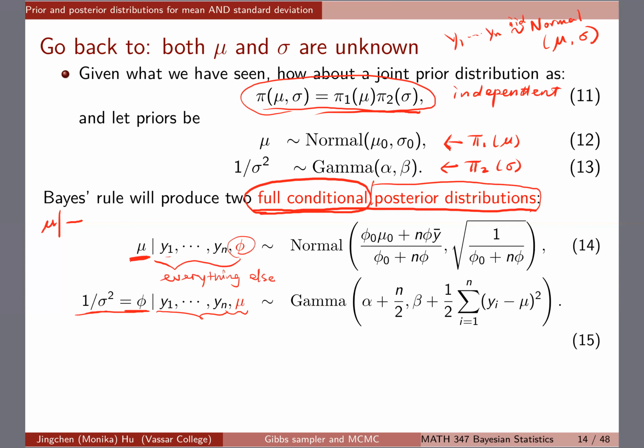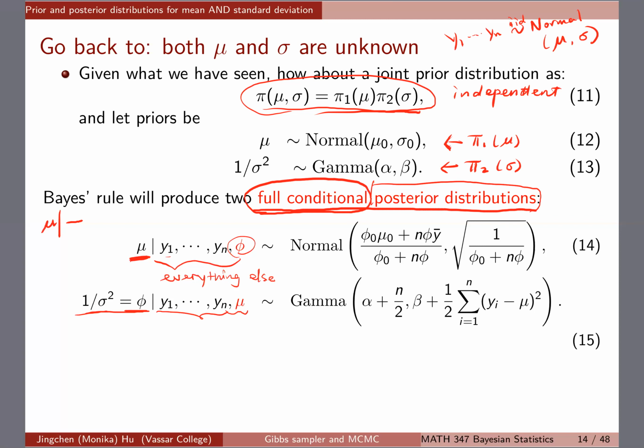Right now we're at the stage of thinking about the derivation, but later if you want to implement it, like what Jorge was asking, you would give values for mu 0, sigma 0, alpha, and beta. Mu 0 and sigma 0 are what we call hyperparameters: parameters for the distribution of parameters.